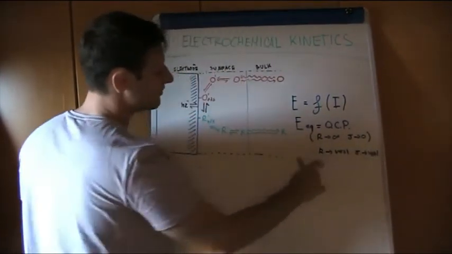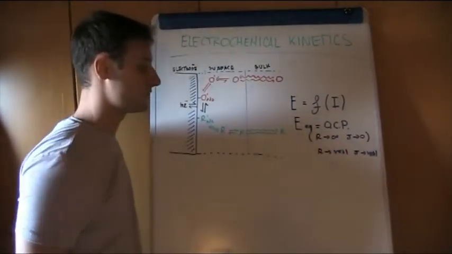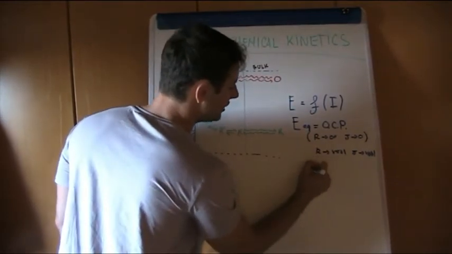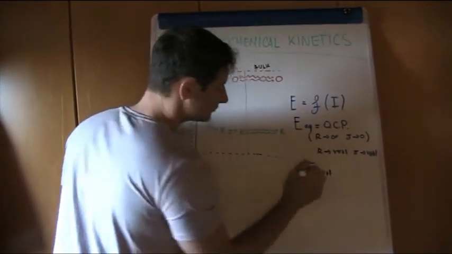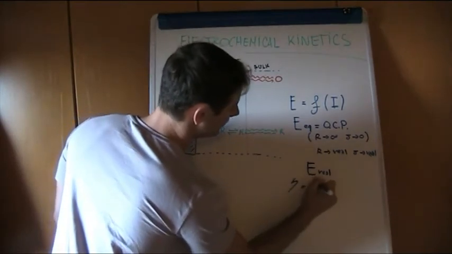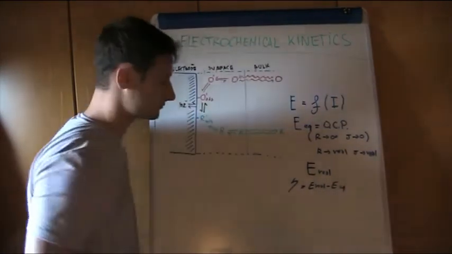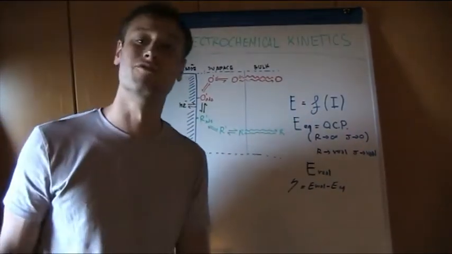And if we have a real value of the current, the potential is moving away from the equilibrium potential and is a new real potential. The difference between the real potential and the equilibrium potential takes the name of overtension.